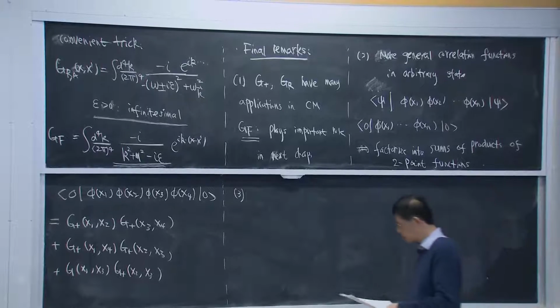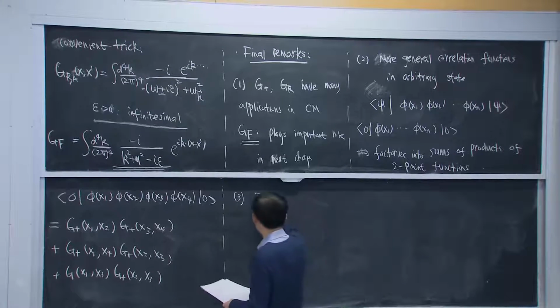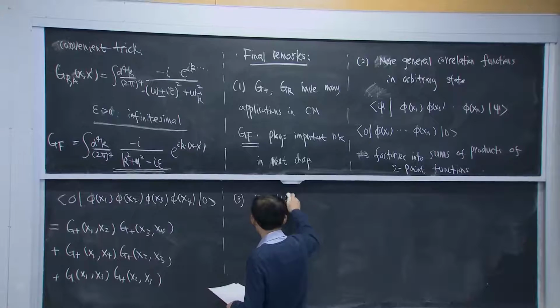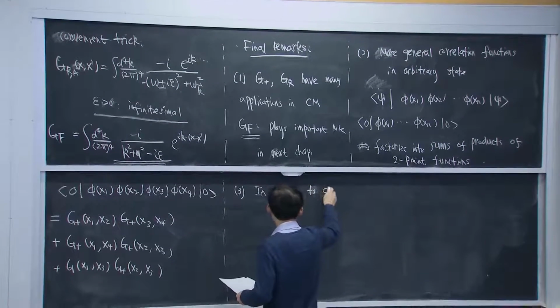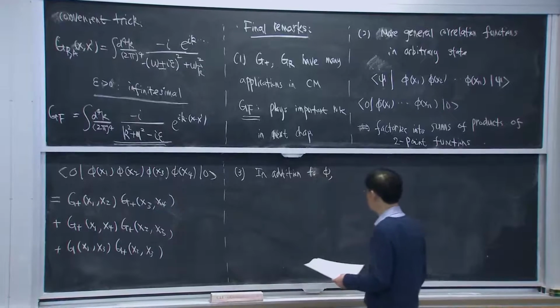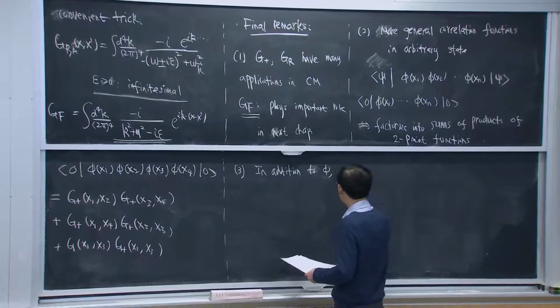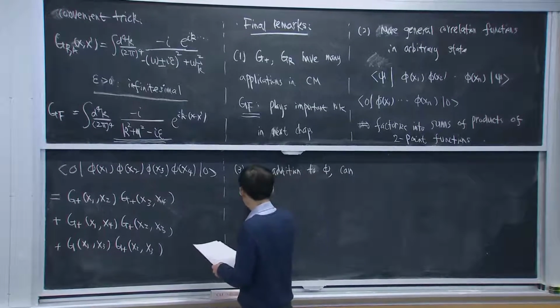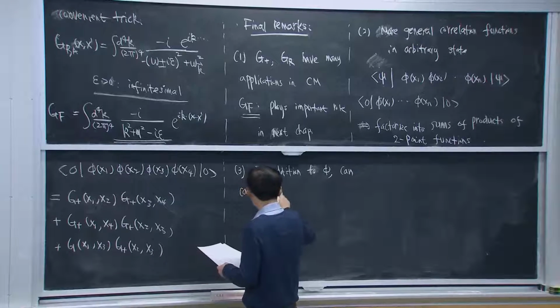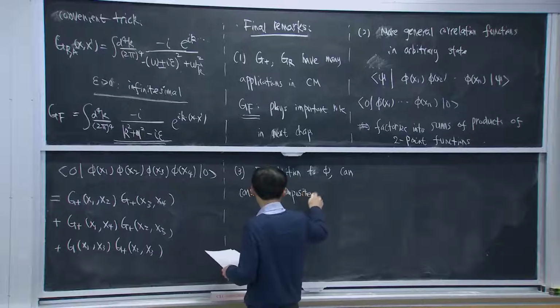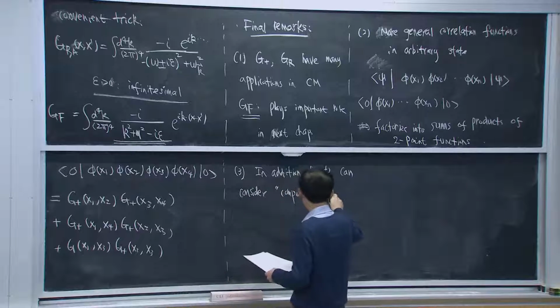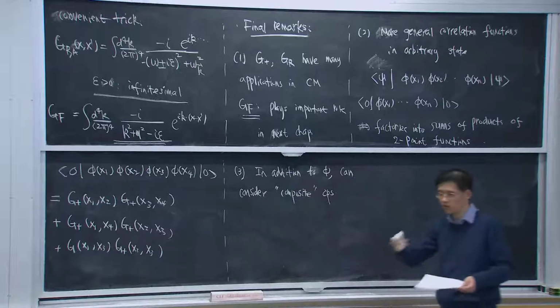Okay. So in addition to phi, we can also consider more complicated operators, so-called composite operators. That means we take the product of phi with its momentum.